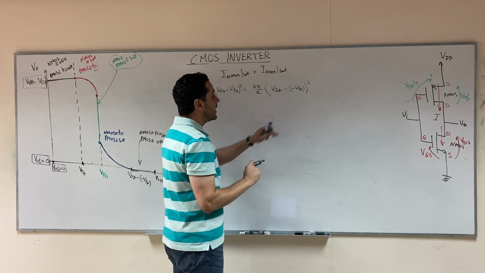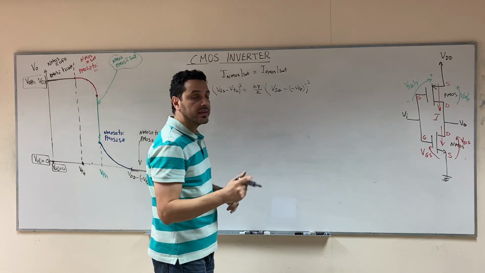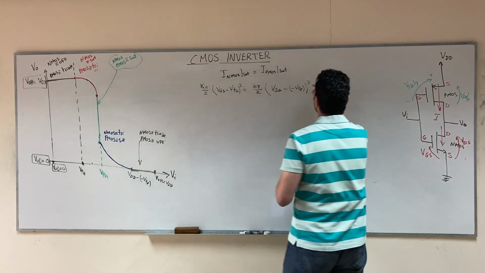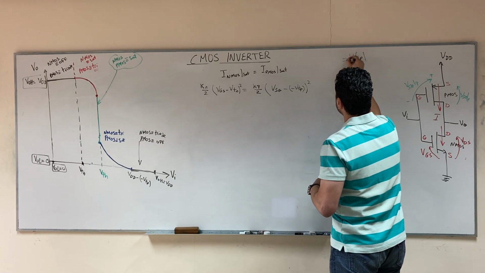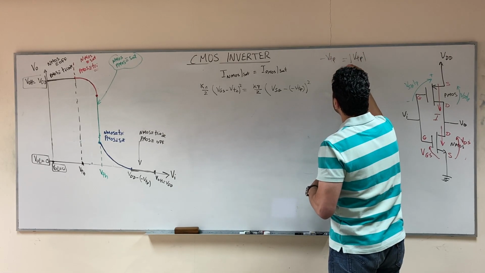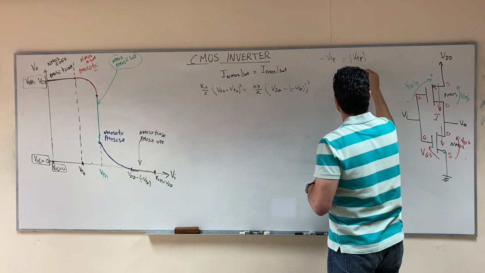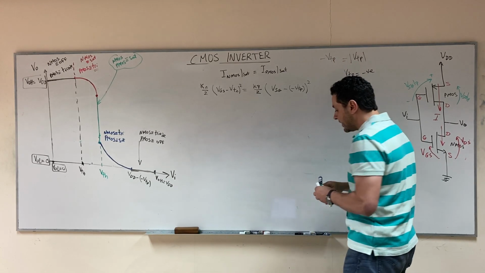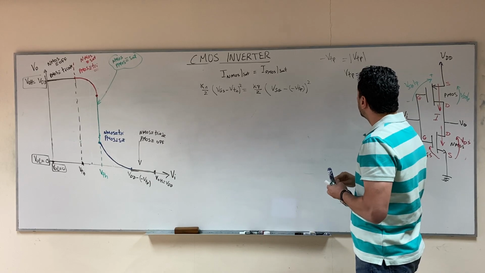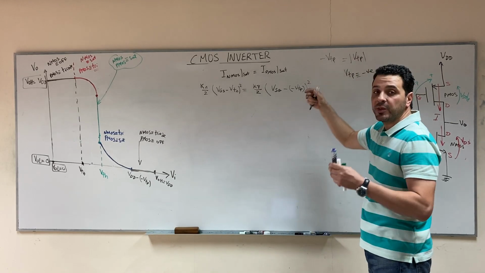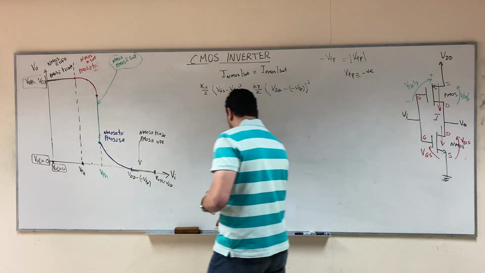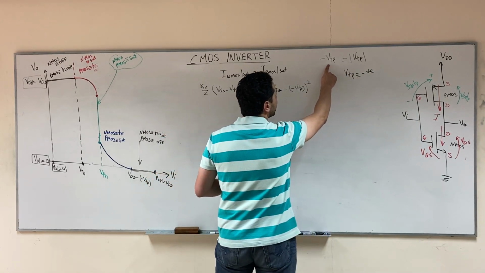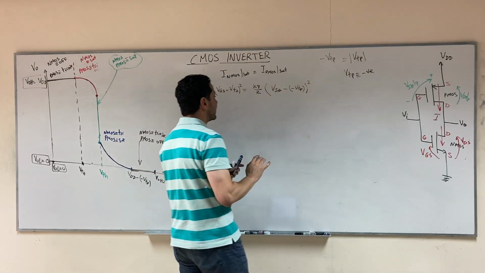By the way, you will find in the textbook and in the slides, sometimes they write minus VTP as magnitude VTP. Don't worry, it's the same. Why is it the same? Because VTP is negative. So if you take negative VTP or magnitude VTP, both of them will give you the positive magnitude of VTP.